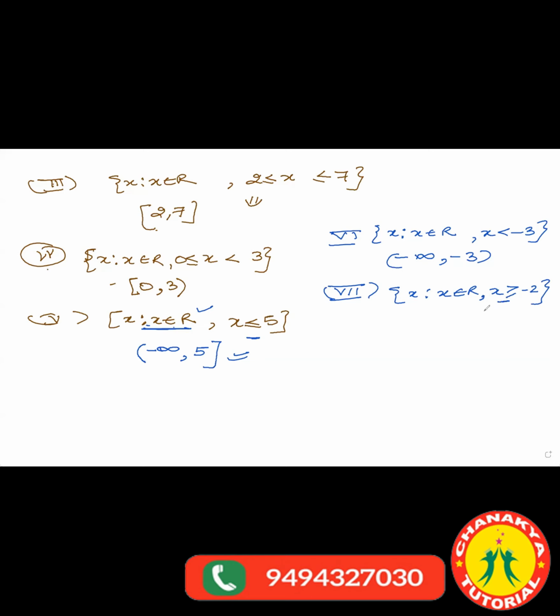Both sides closed, beta? No, ma'am. On the left hand side, closed. And then on the right hand side, it will be open. Minus 2 to infinity, and it will be open. Clear? Yes, ma'am. Understood, children?